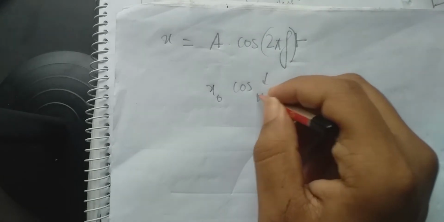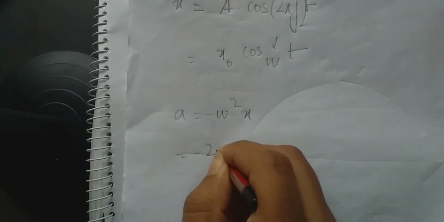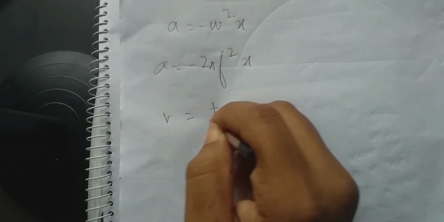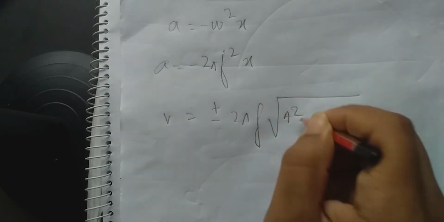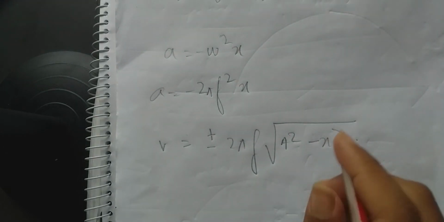So x equals x naught cos omega t. For acceleration, you mostly have to use a equals minus omega squared x, or minus (2 pi f) squared x, where x is the displacement. And lastly, for the velocity, v equals plus or minus 2 pi f times the square root of amplitude squared minus displacement squared.